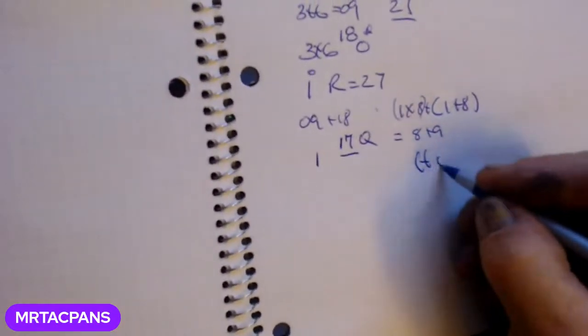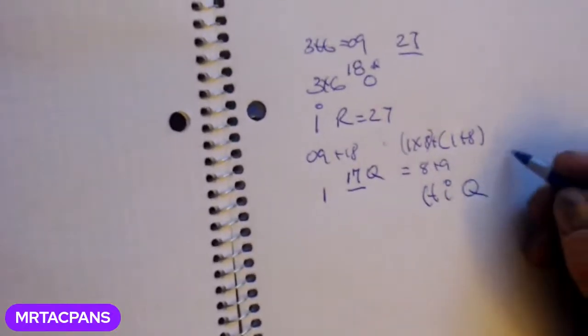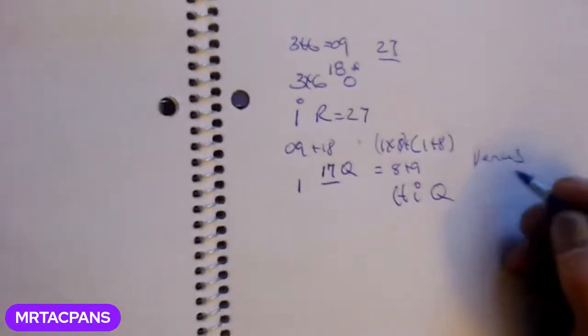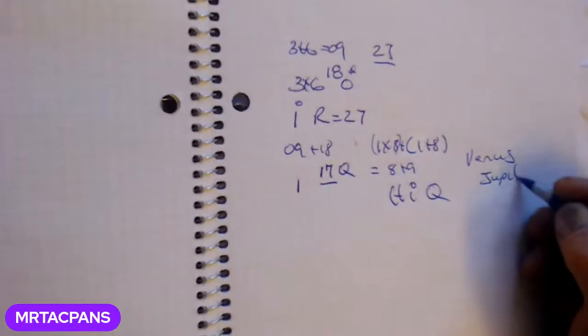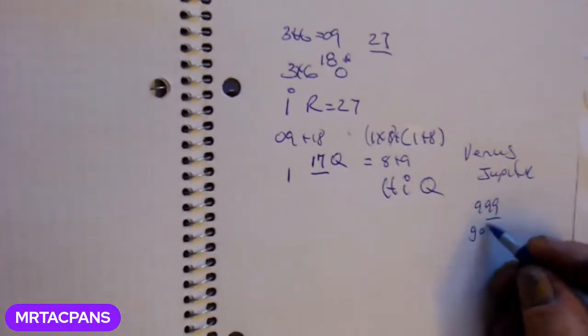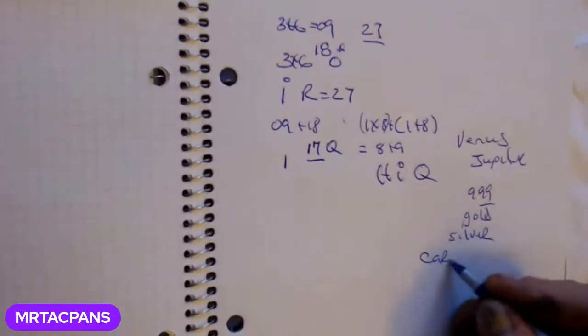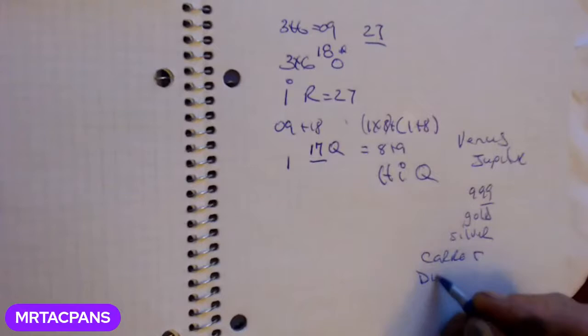And this is where you get your high Q from, if you want to look at it that way. And that is Venus, Jupiter. That's the highest you can go. You want to talk about 999 gold, silver. You want to talk about a carat. You want to talk about a diamond.